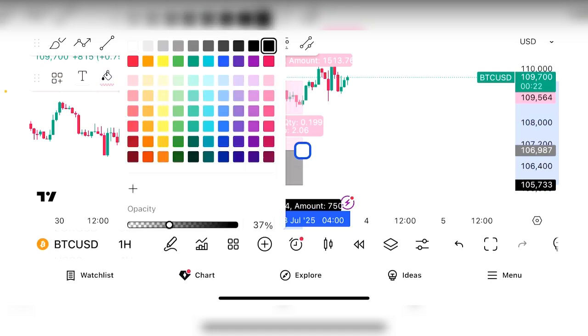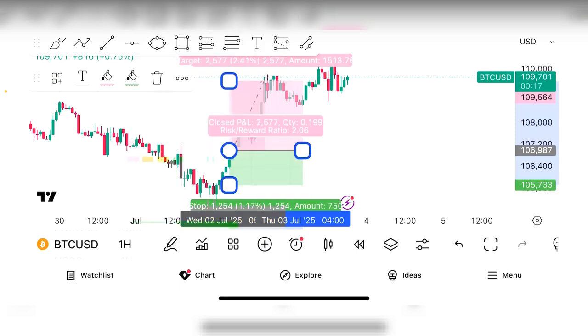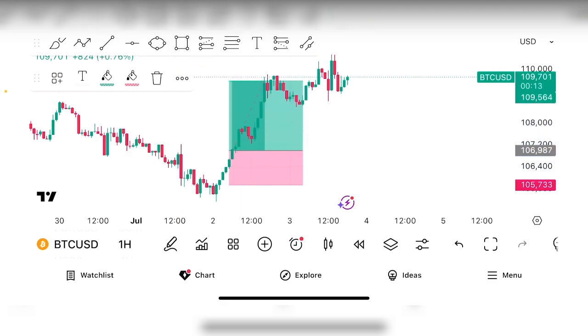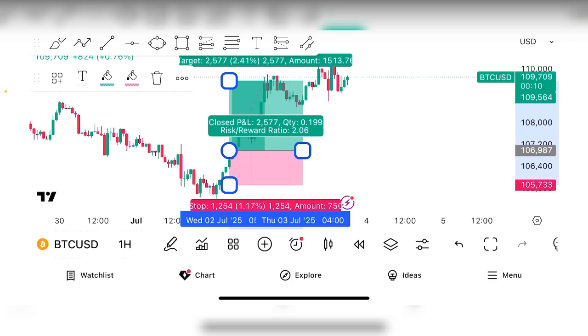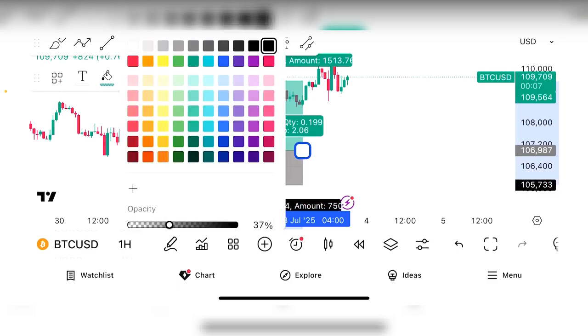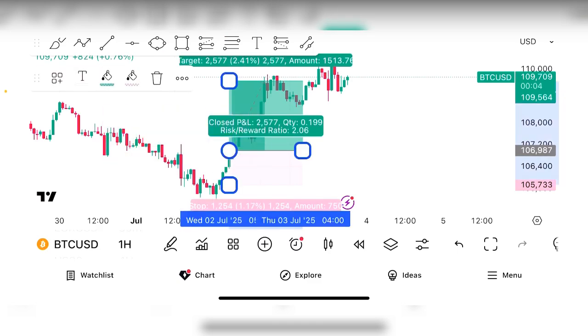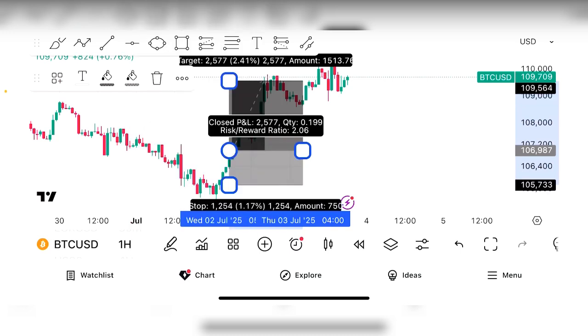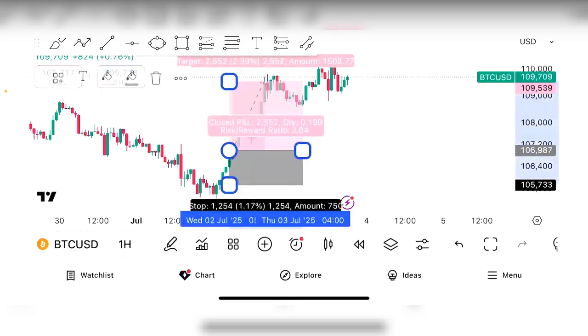Usually it is supposed to be red and green, something like this, but I was the one that modified my own to this color.